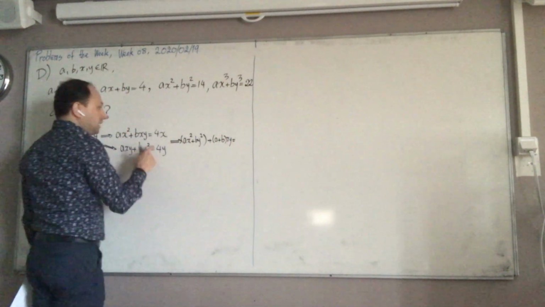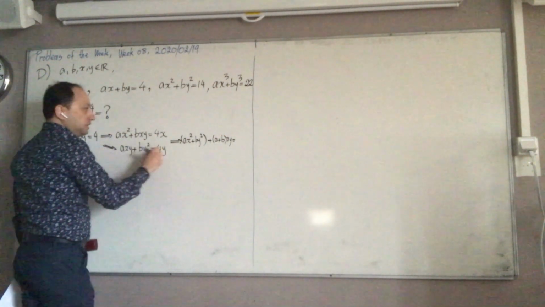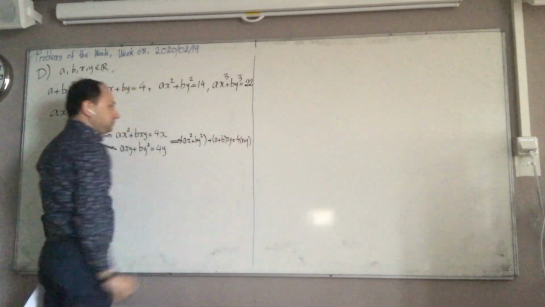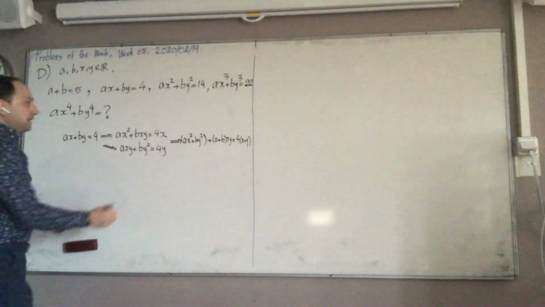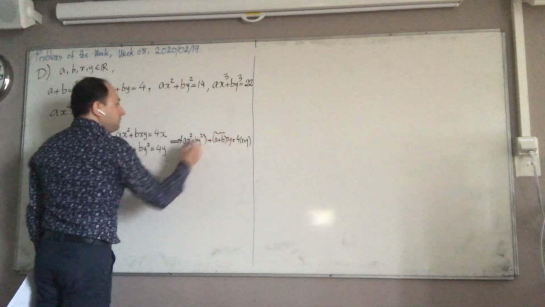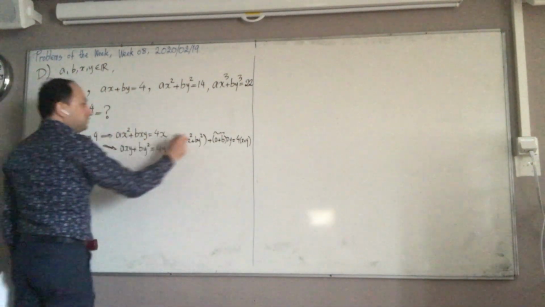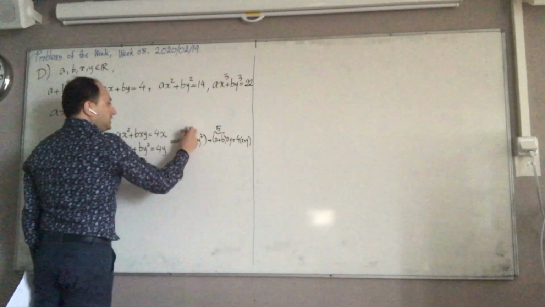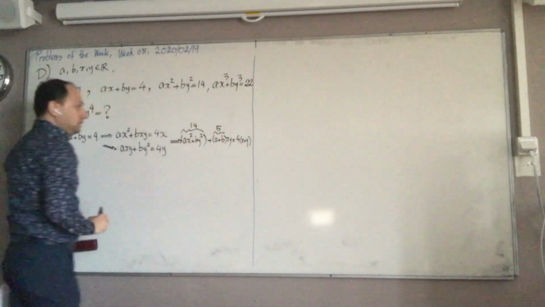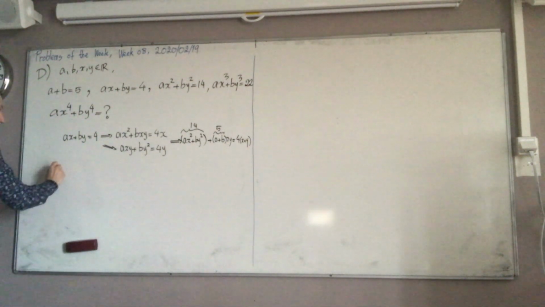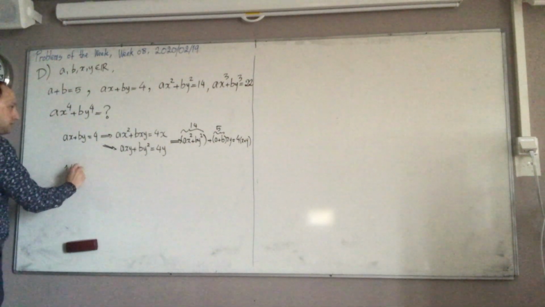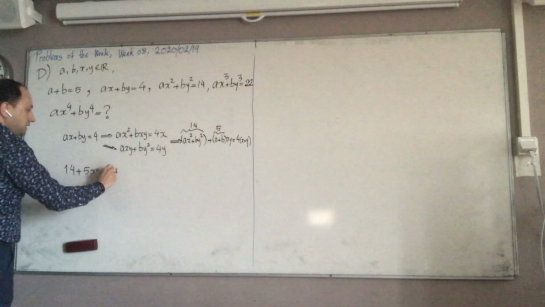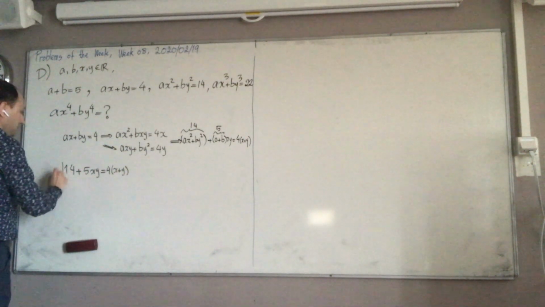On the right-hand side, I have 4 in common, so when I add them, I take this 4 out. But you see, A plus B is given in the problem to be 5. This is also given in the problem as 14. So I get one relation. It's 14 plus 5XY is equal to 4 times X plus Y. Let me keep it.